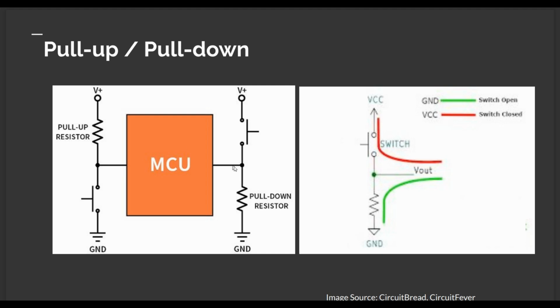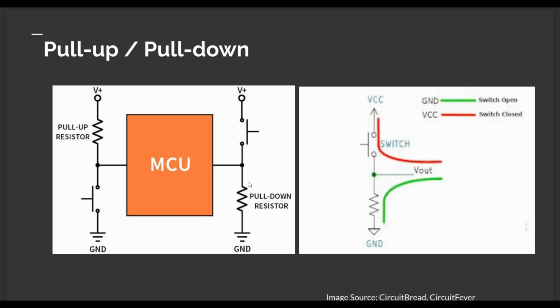Similarly, the switch can be configured such that it connects the GPIO to the VCC or the positive rail when pressed. But when the switch is not pressed, we don't know the certainty of this input, right?